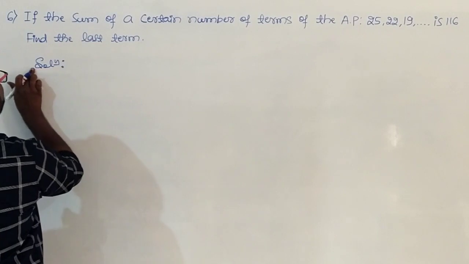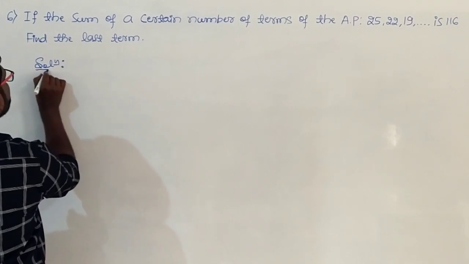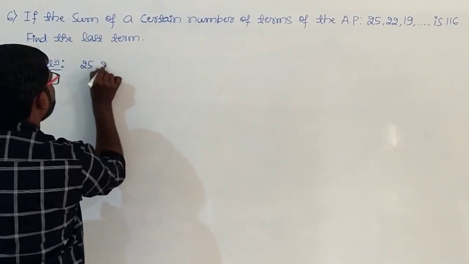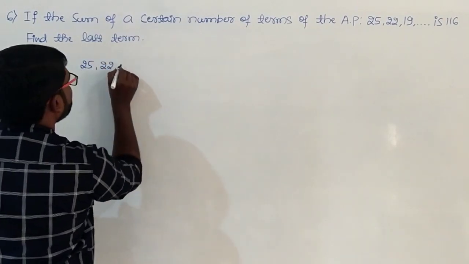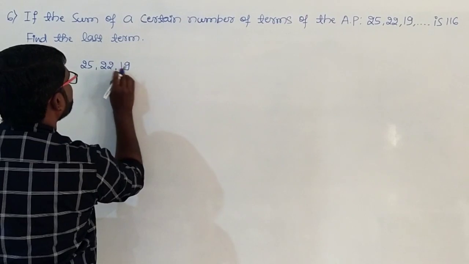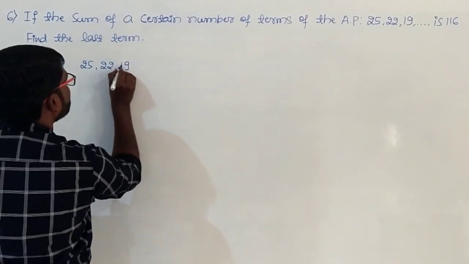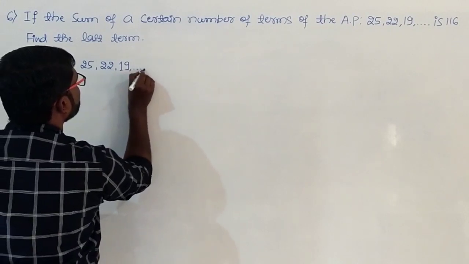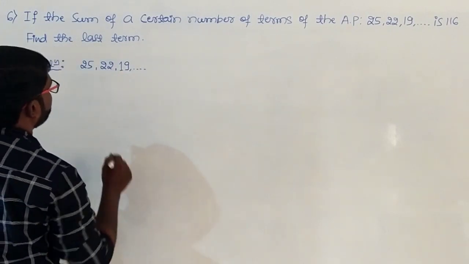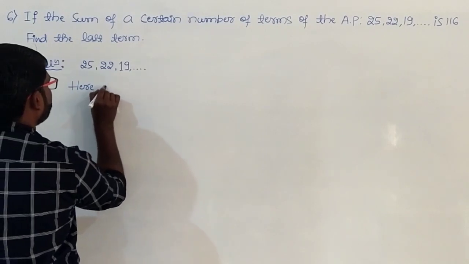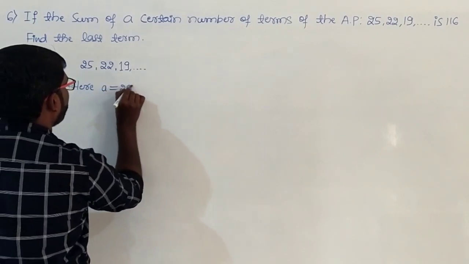So we'll write the given AP. It is 25, then 22, and then 19, and then so on. So here A, which is equals to 25, then what about D?